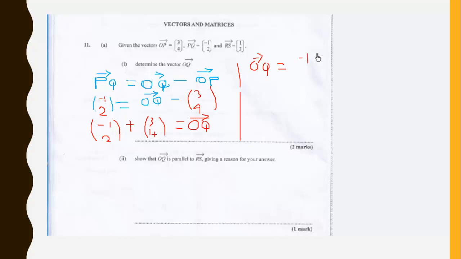So negative 1 plus 3, then we have 2 plus 4. So this implies that we have 2, 6. Vector OQ is equal to 2, 6.